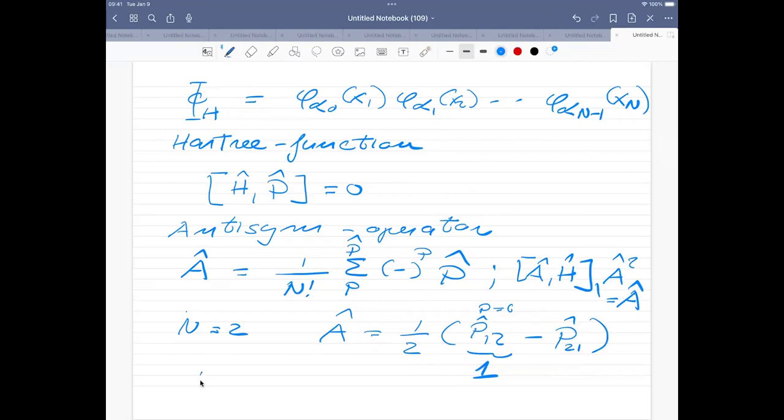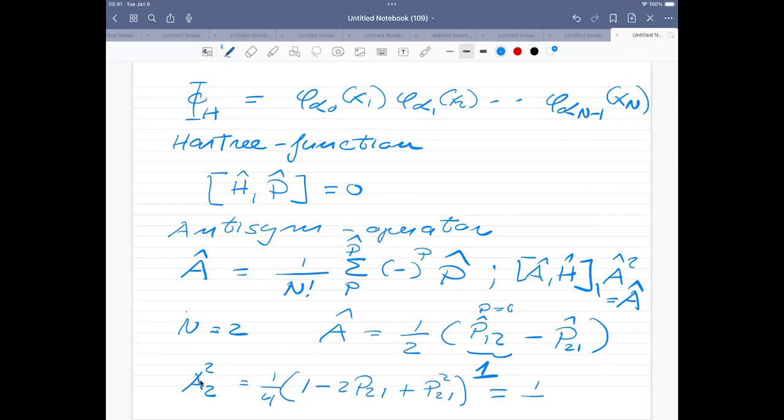If you take A squared for 2 particles, so the subscript 2 is for two particles, that is 1 divided by 4. And then I have 1 minus 2 times P21, and then I have plus P21 squared. But P21 squared is equal to 1 because I interchange 1 and 2, and then I interchange 1 and 2, and then I'm back to where I was. So then you see that we get 2.